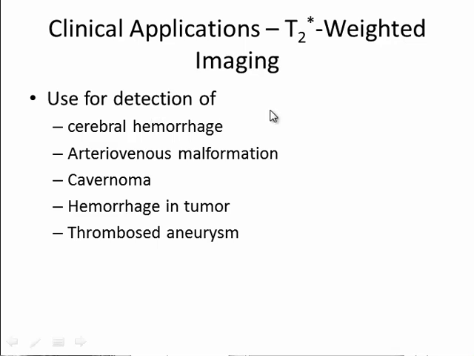Okay, just a couple slides briefly to discuss some clinical applications of T2 star weighted imaging. This type of imaging is commonly used for looking at hemorrhage in general. If you have a large amount of bleeding in the brain or in other organs, you'll have a buildup of iron, which is paramagnetic, so it will dephase your signal.